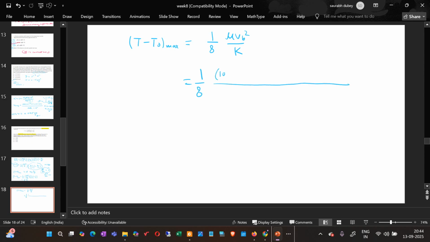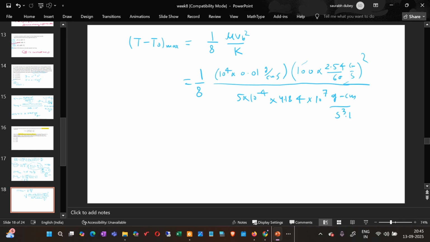Mu v square by 10 to the power 4 into 0.01 gram per centimeter second, 100 into 2.54, given as 60 centimeter per second whole square, 5 into 10 to the power minus 4 into 4.184 into 10 to the power 7, so calculate, gram per centimeter divided by second, right?